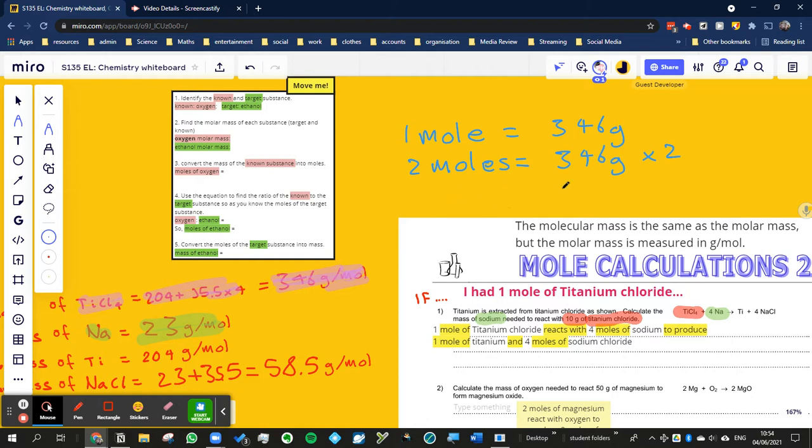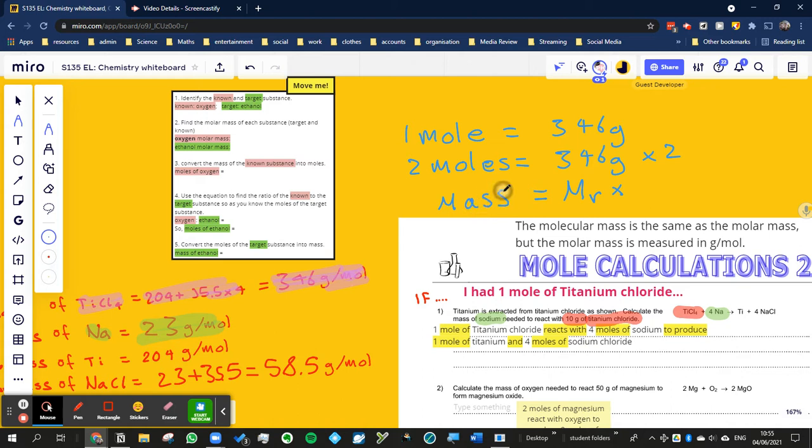In other words, what we've done from that example is that the moles must be equal to the molar mass, or we can call it the molecular mass, times number 2. Oh, hang on a second. What am I doing here? Oh, yeah, sorry. I've got that wrong. The thing that I've just worked out, once I multiply 346 times 2, would be the mass.